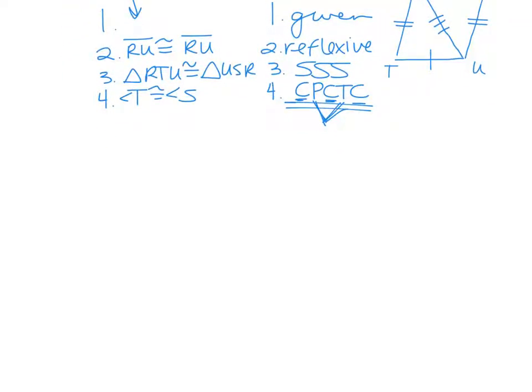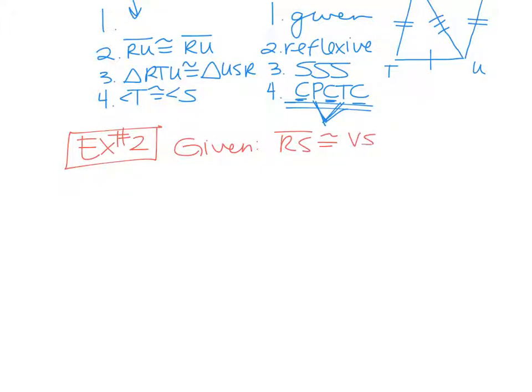So this is example 2. I'm going to give you that RS is congruent to VS. RT is congruent to VU. Angle R and angle V are right angles.